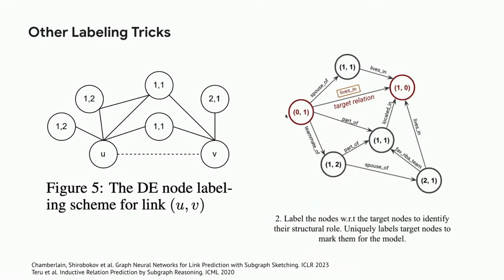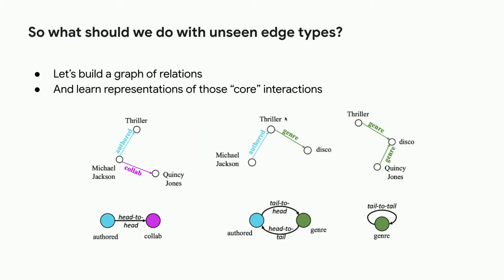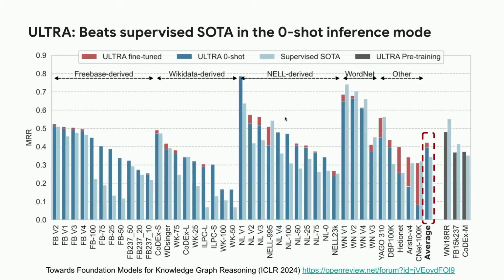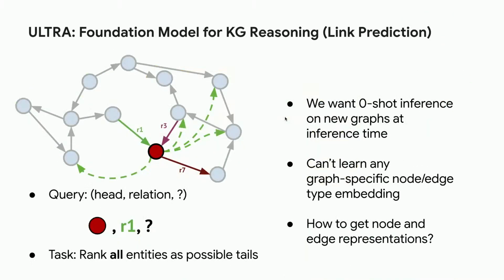The same way you can frame link prediction as node classification too, or node classification as link prediction. That is still possible. For instance, if your nodes are typed and you have node labels, you can put the nodes representing labels in this graph too.